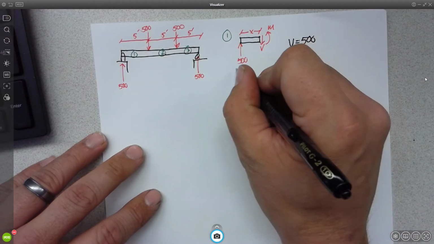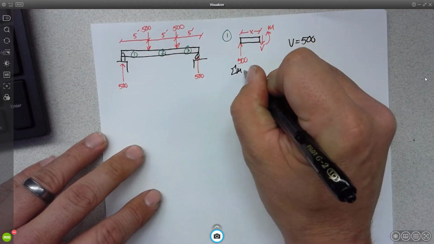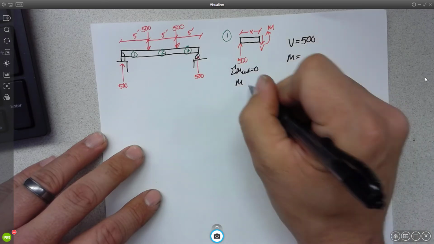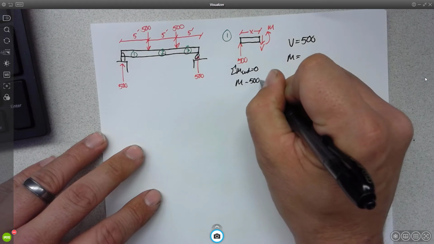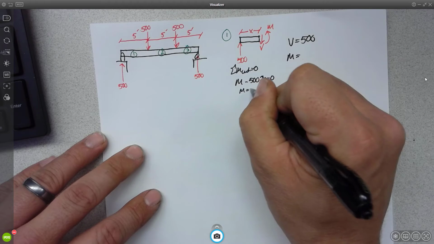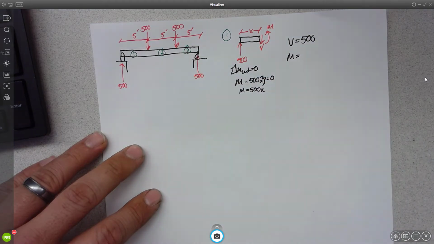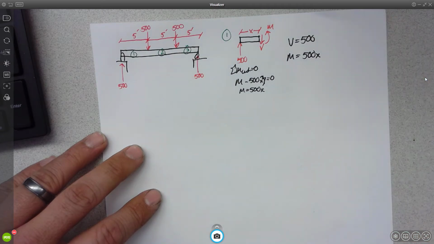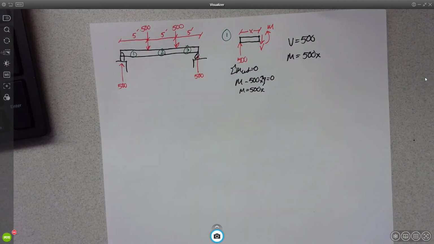Maybe we better do this one. Sum the moments about the cut. I'll have M minus 500x equals 0. So M is equal to 500x. Everybody follow that okay?